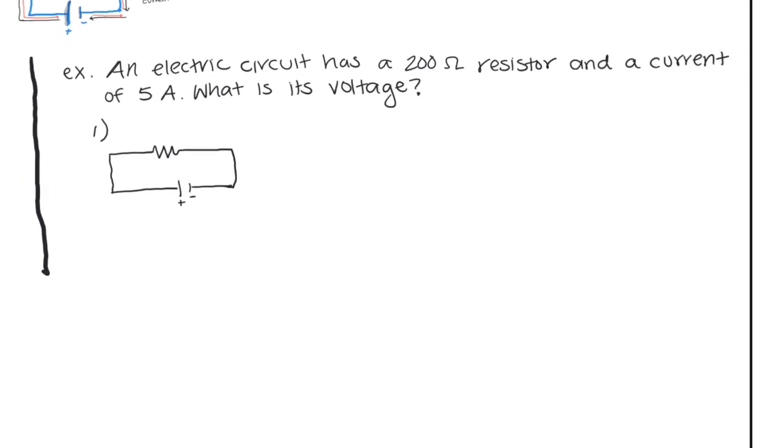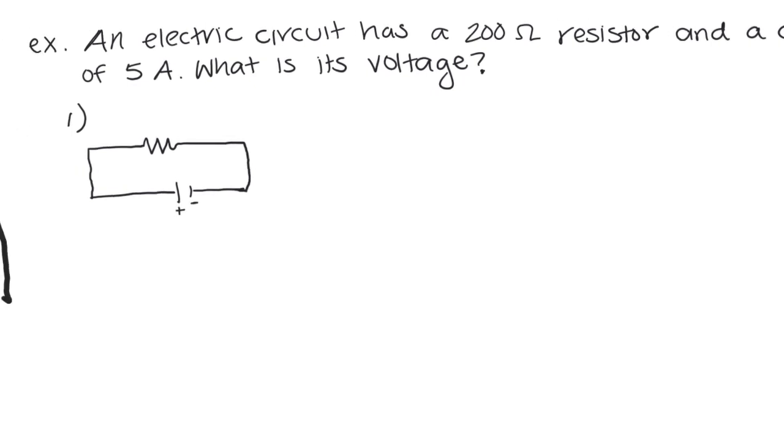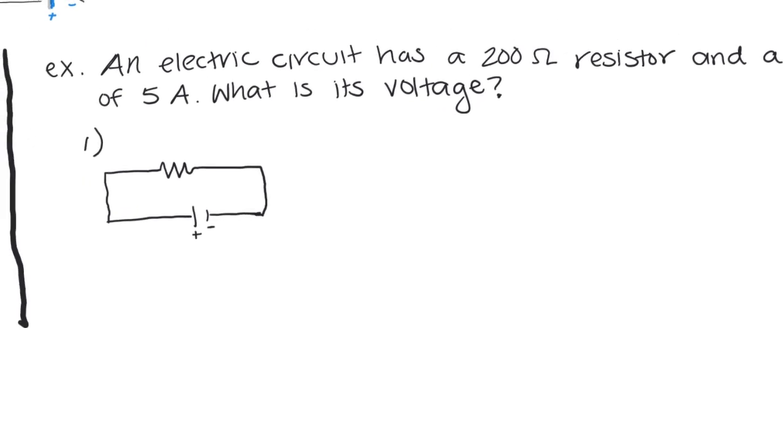All right, so we've got an example here. It says an electric circuit has a 200 ohm resistor and a current of 5 amps. What is its voltage? So we've drawn a really simple electric circuit. I'm going to add a couple more labels here, and some different colors.